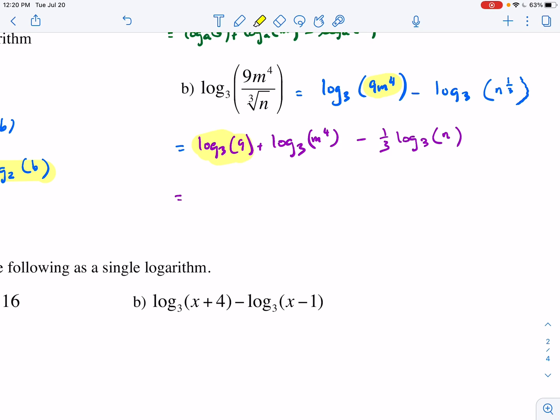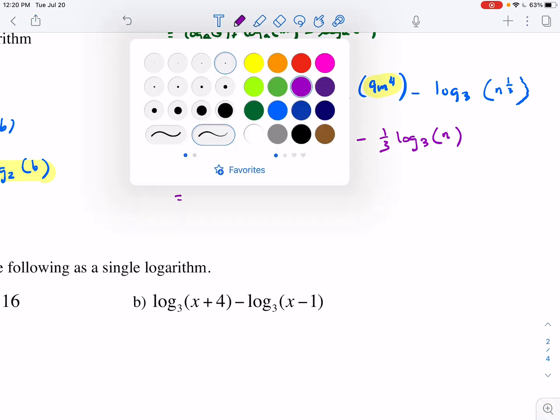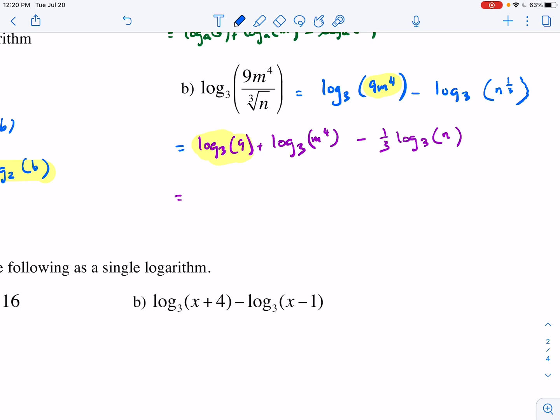We know what that is from the previous section, where we learned how to evaluate logarithmic expressions. Log base 3 of 9 is asking, what is the exponent that 3 is raised to get 9? Well, the exponent is 2. So this becomes 2 plus 4 log base 3 of m, right? The power rule, so 4 comes down, minus 1/3 log base 3 of n.